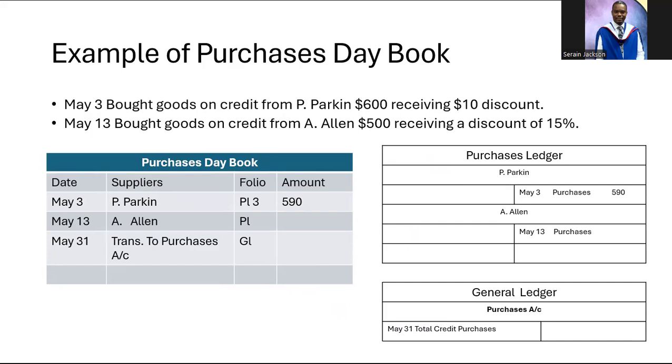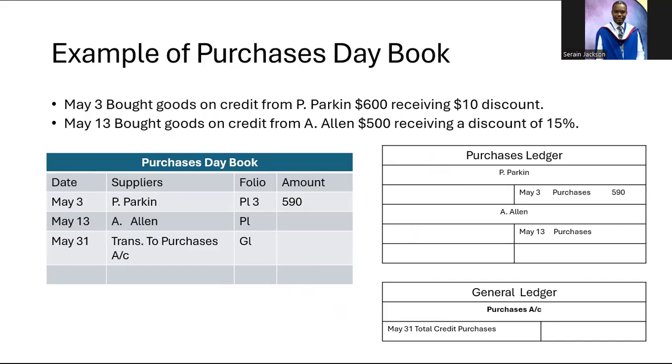Now, this is a bit tricky for some persons because they may not understand how to calculate the 15%, but it's pretty simple. 15% is simply 15 divided by 100. That's what 15% is, right? So 15 divided by 100 would be equal to 0.15. So you are finding 15% of $500, which is $75, and the $75 is the discount.